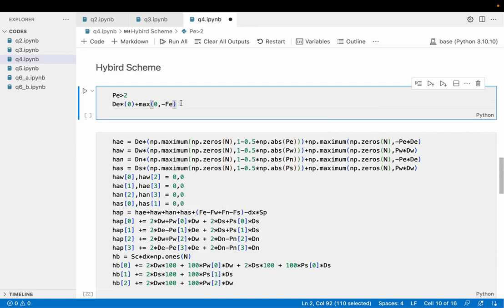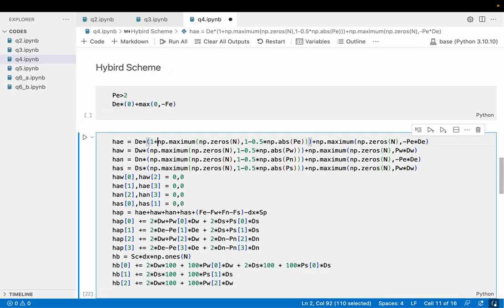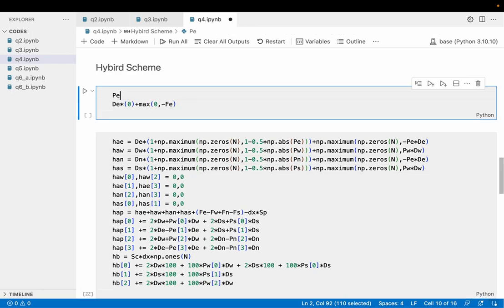So this is something very similar to your upwind scheme. There needs to be a 1 here. Now if the Peclet number is less than 2, you have DE times 1 plus the maximum of these two will be the other one. Since the Peclet number is less than 2, you will have a positive coefficient.